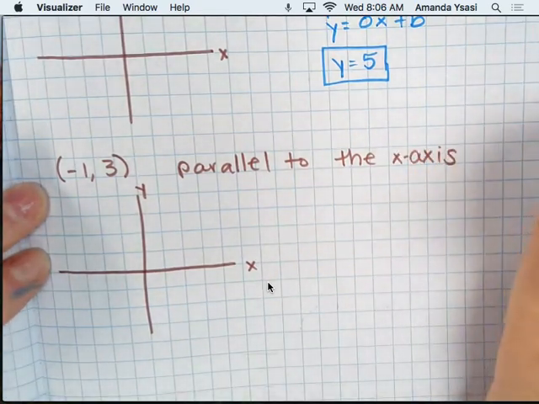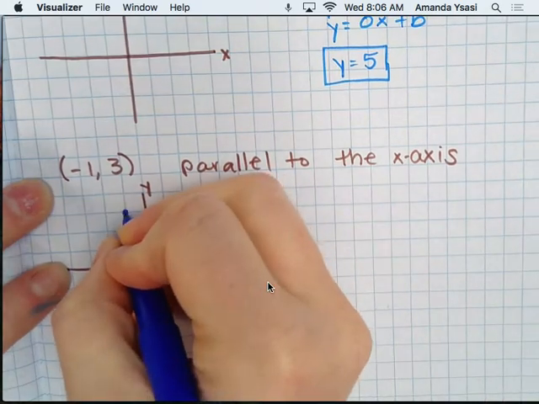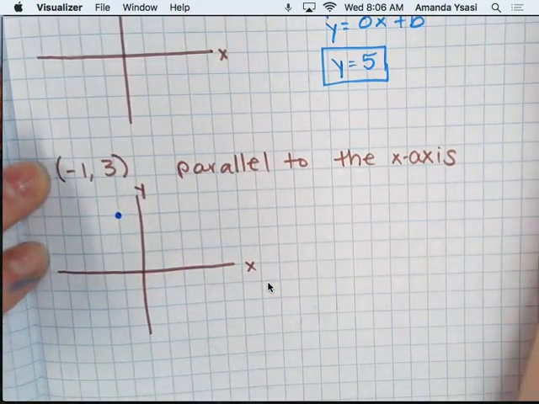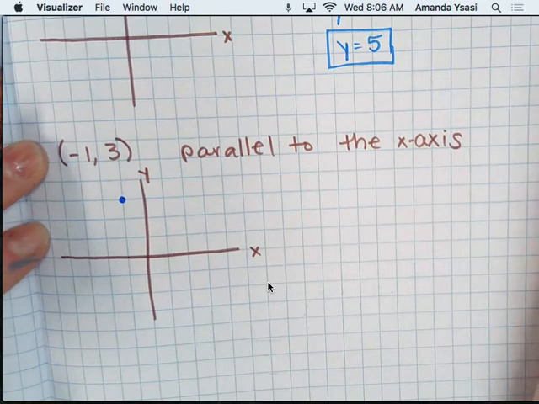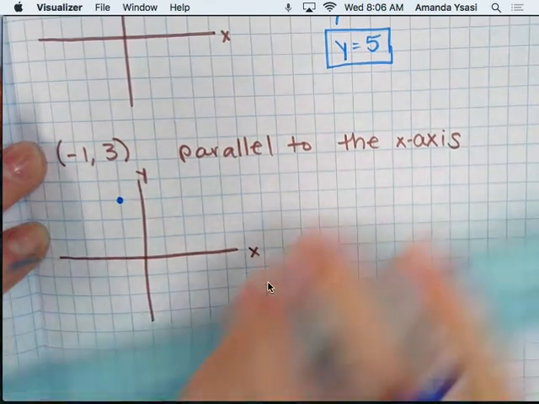So the first thing we'll do is plot the point. Negative 1, 3. And if it's parallel to the x-axis, how's it going to look? A zero slope, yep.